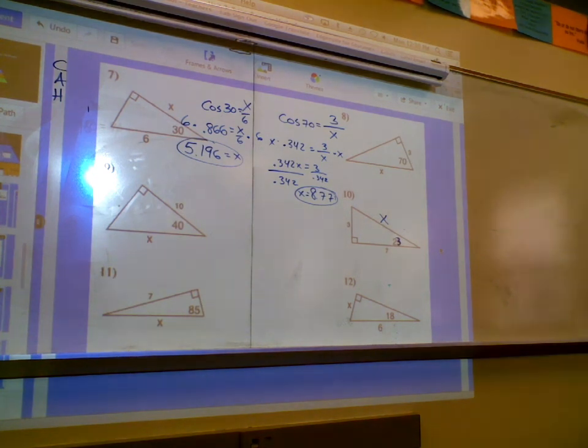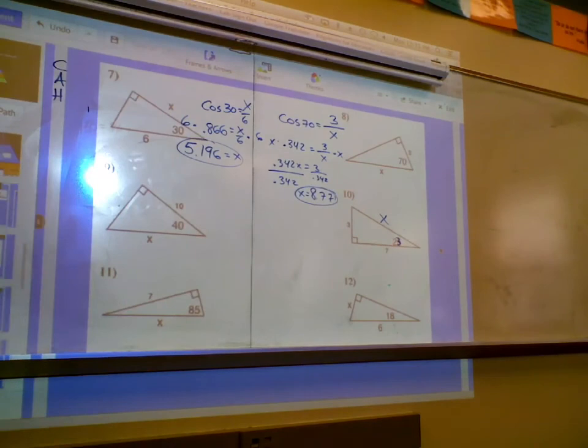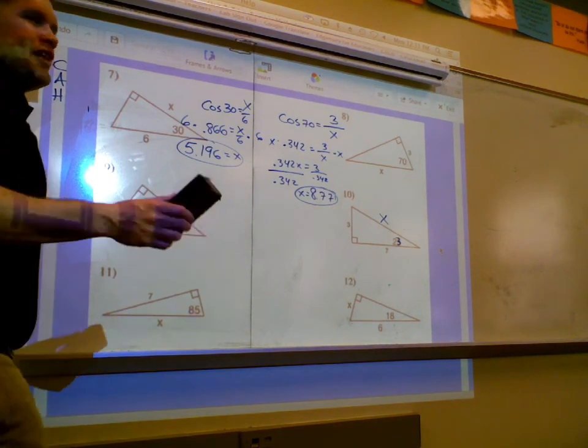Sine. Okay. If you're done with 9 and 10 and you're moving on to 11 and 12, I want you to use cosine for at least one of them. So that means the other one you can use a different trig function if you want to. No, you can't use TOA yet. You have to do Pythagorean theorem and then you can use TOA.